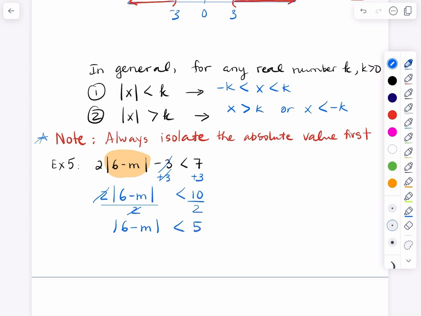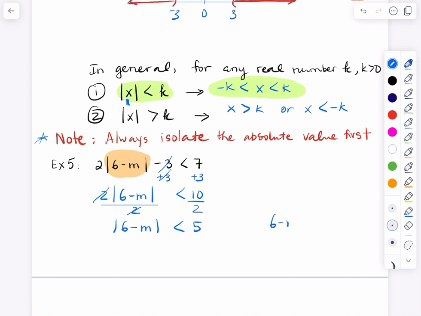Looking at this, it reminds me of the first scenarios where we have something in the absolute value that is less than a positive number. So instead of x, we have this whole expression, but we're going to apply the same concept where whatever is in the absolute value here, we're going to sandwich it in the middle.